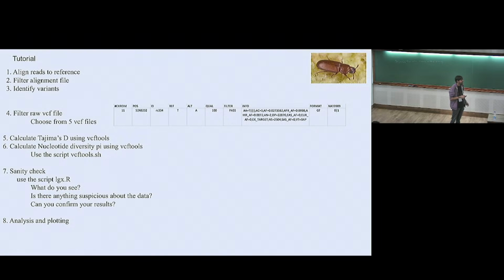The info tag has a bunch of other things like what was the depth at which this variant was called, what was the quality of the read, lots of different things. There's a maximum likelihood estimation of whether you have called this variant correctly. So you'll find all of this information in this info tag. There's a format and so on.